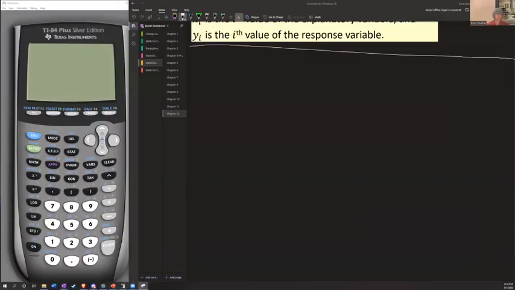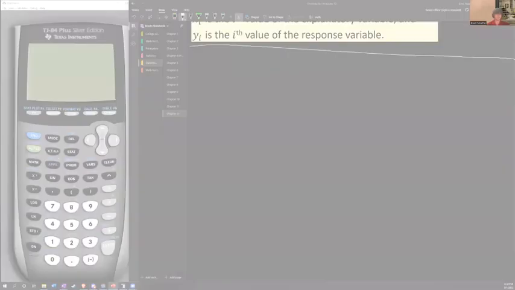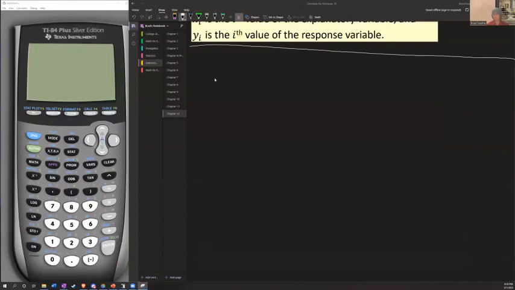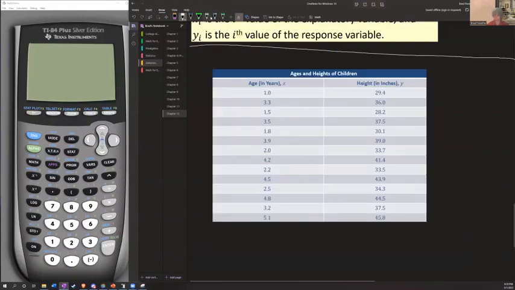Let's suppose that we are tasked with finding our correlation coefficient for the following data, where we have the age in years of children and their height. And we are tasked with finding whether or not there is a correlation here.